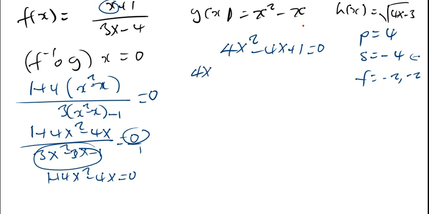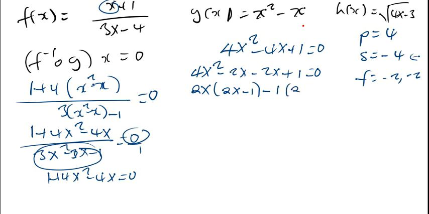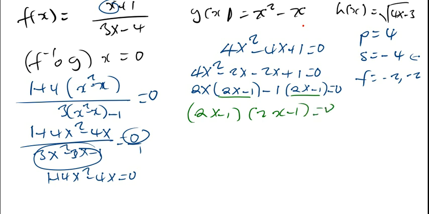Therefore, 4x squared minus 2x minus 2x plus 1 is equal to 0. Factor out 2x, I will remain with 2x minus 1. Factor out negative 1, it will be 2x minus 1 is equal to 0. Since these are the same, you write 2x minus 1 and 2x minus 1 again equal to 0. So in short, 2x minus 1 is equal to 0 and x will be equal to 1 over 2. That's the only answer.